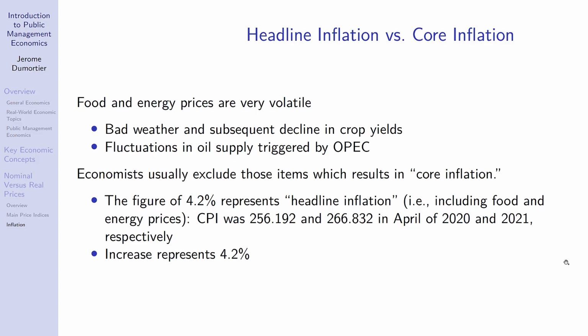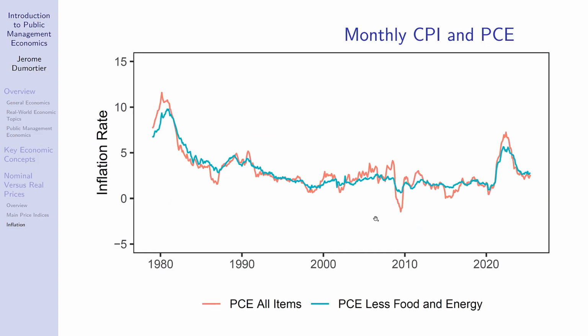Now here I'll show you the inflation rate using the personal consumption expenditure index, where the red line indicates the personal consumption expenditure index for all items, including food and energy. And then you also have the green line representing the personal consumption expenditure index without food and energy.